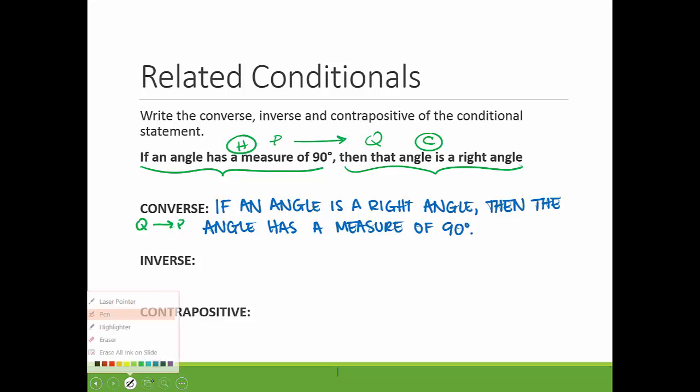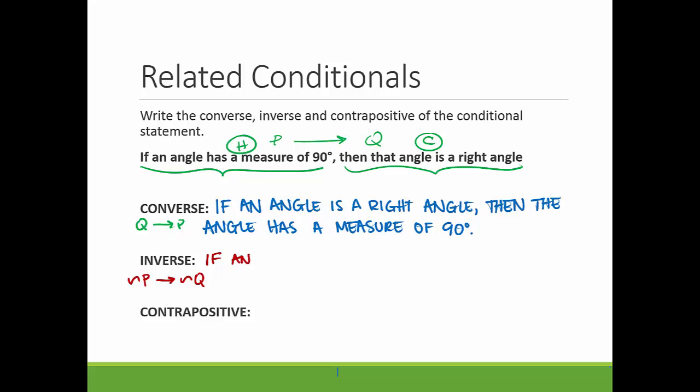Remember, inverse goes back to the way it was given to us. So hypothesis comes first and then conclusion, but we say not P, then not Q. So this means we just throw a not in there.